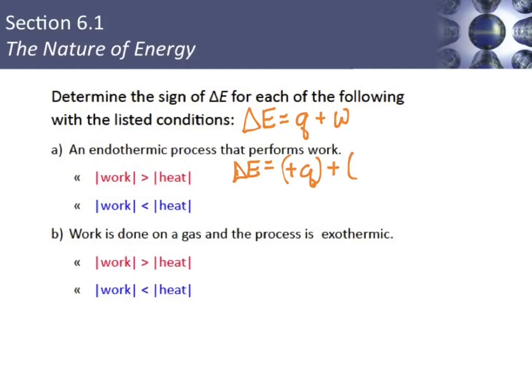So is our work positive or negative? If you're asking the system to perform work, negative. Okay, so this is the equation we're looking at. So if work is greater than heat, if this number is bigger than Q, then what can we say about this? Is the answer going to be negative or positive? It's going to be negative.